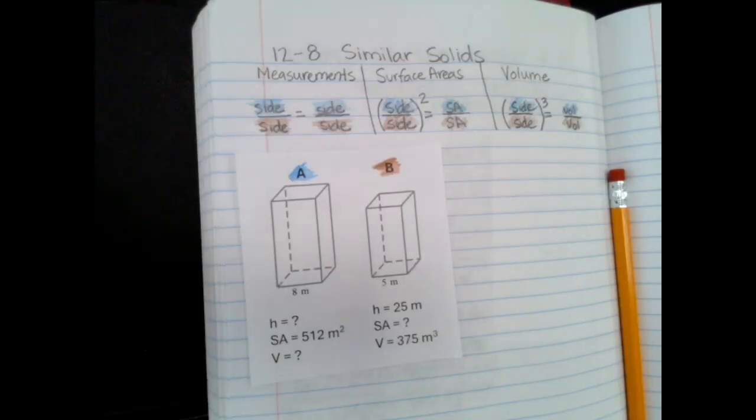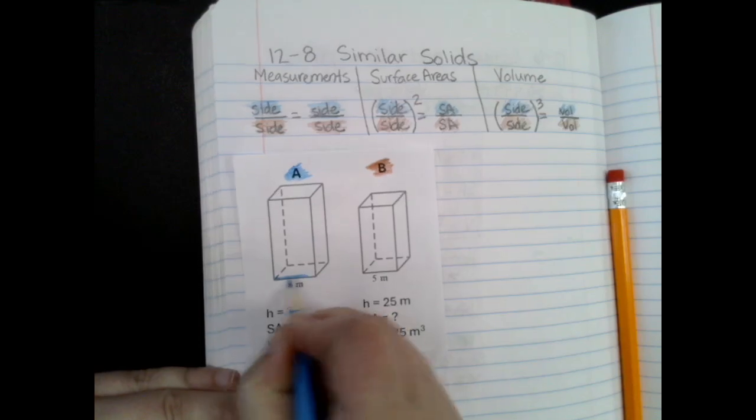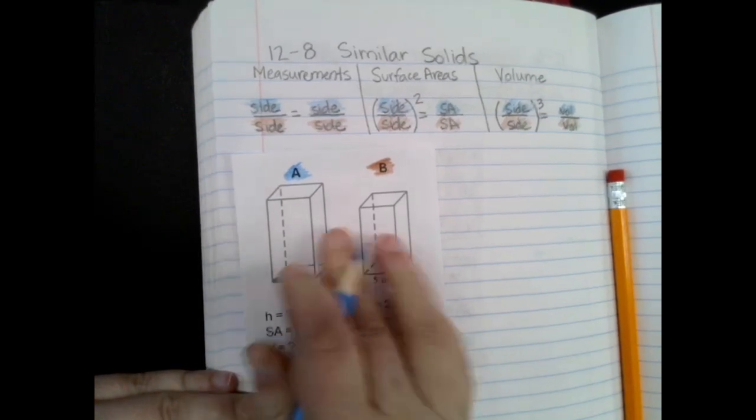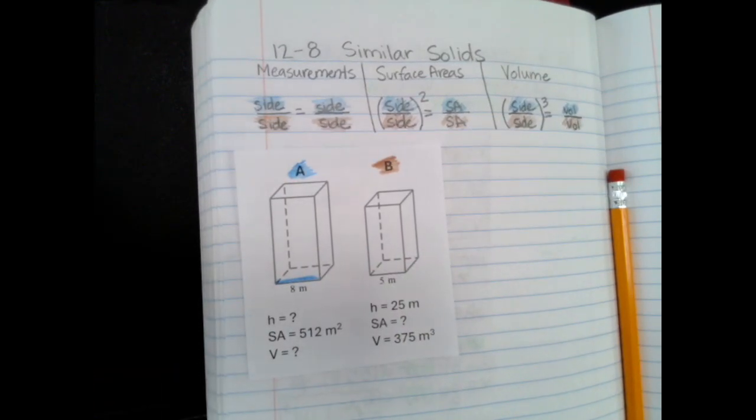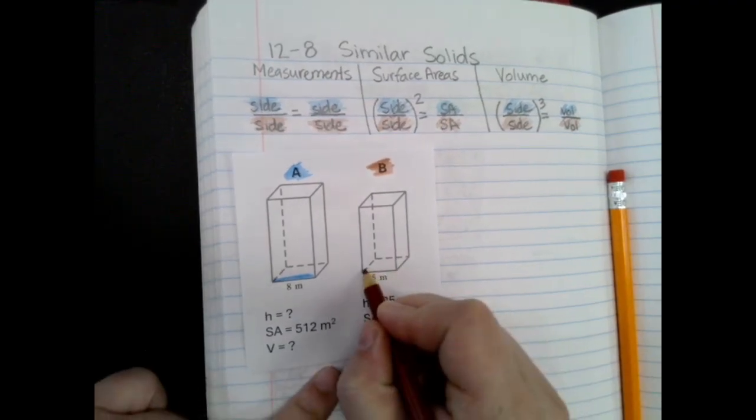All right, so what we know to start off with is we know that in A, we have this side that is 8, and we can compare that to the side with 5.